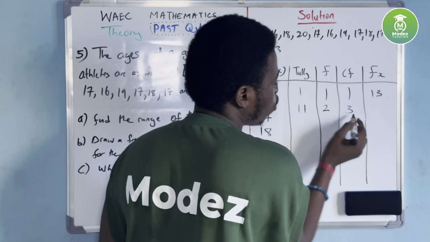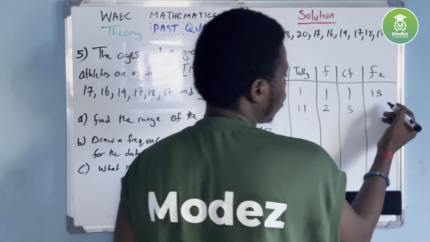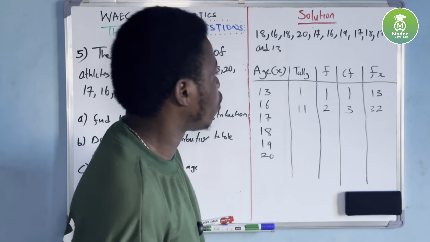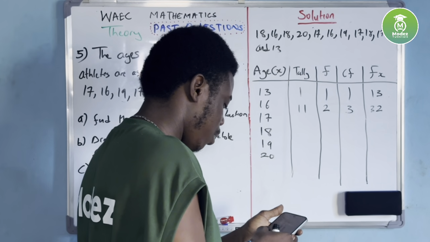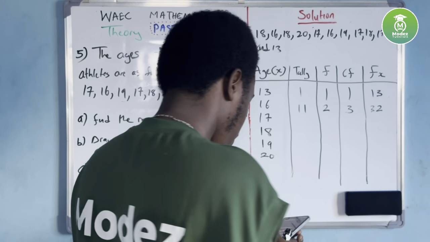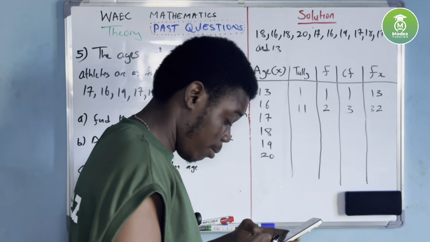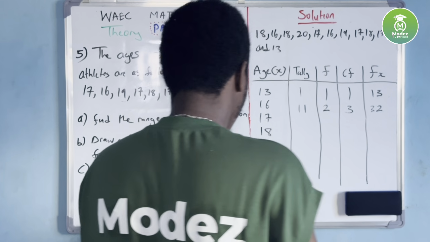Then 16 times 2 is 32. Let me open the calculator. Okay, so I've opened the calculator.